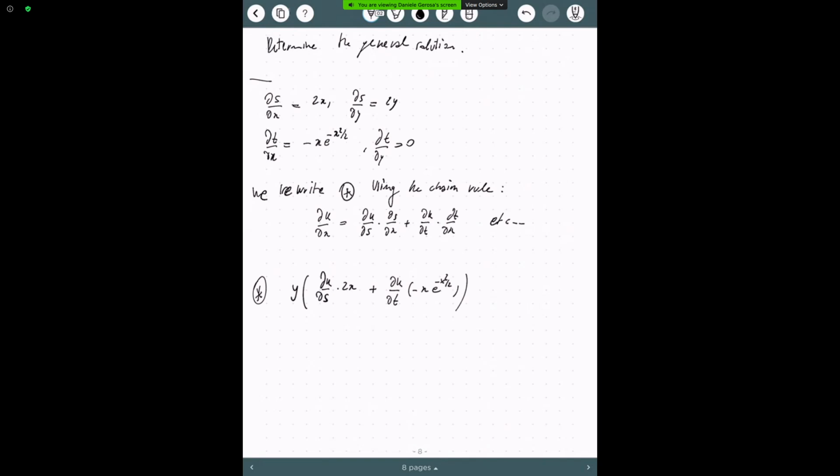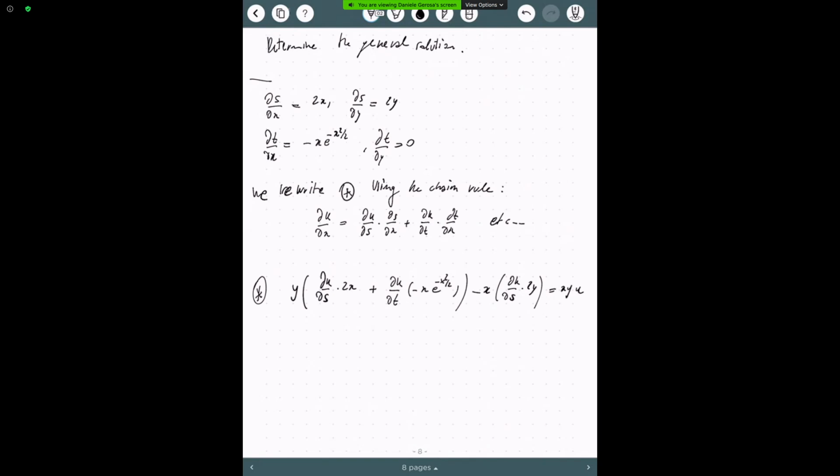And then we have minus x times du ds times 2y, and then the second component doesn't exist because dt dy is equal to 0. And then this is equal to xy u.